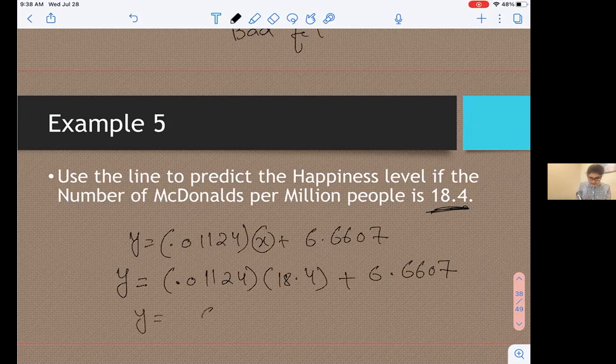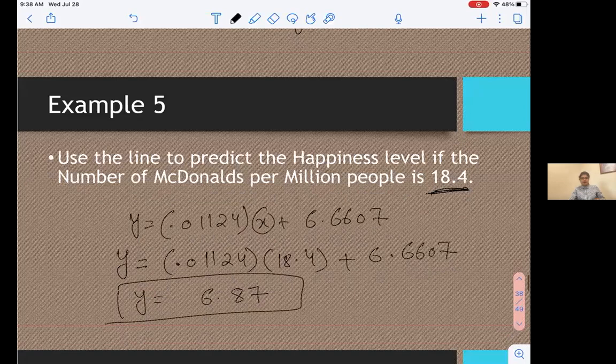So the level of happiness is 6.87 up to 2 decimal places. This is my predictive value.